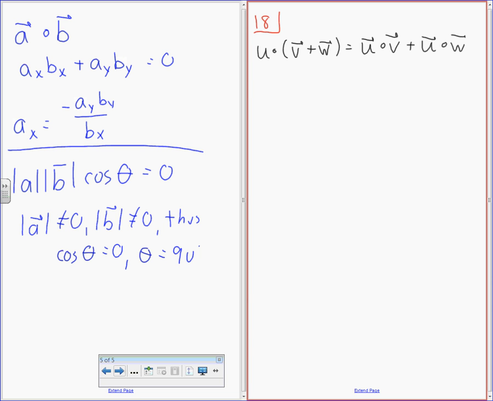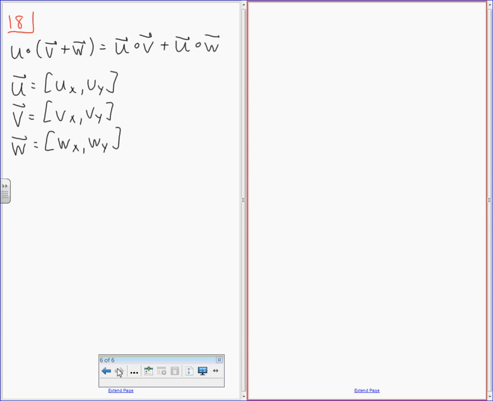The way I'm going to set this up is I'm going to set U equal to (Ux, Uy), V is going to be (Vx, Vy), and W is going to be (Wx, Wy). Okay, are we okay with that before I continue?